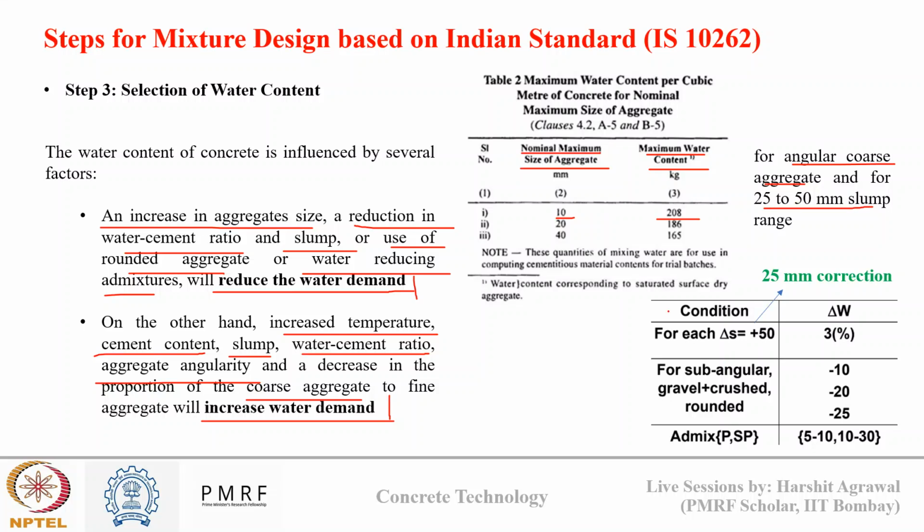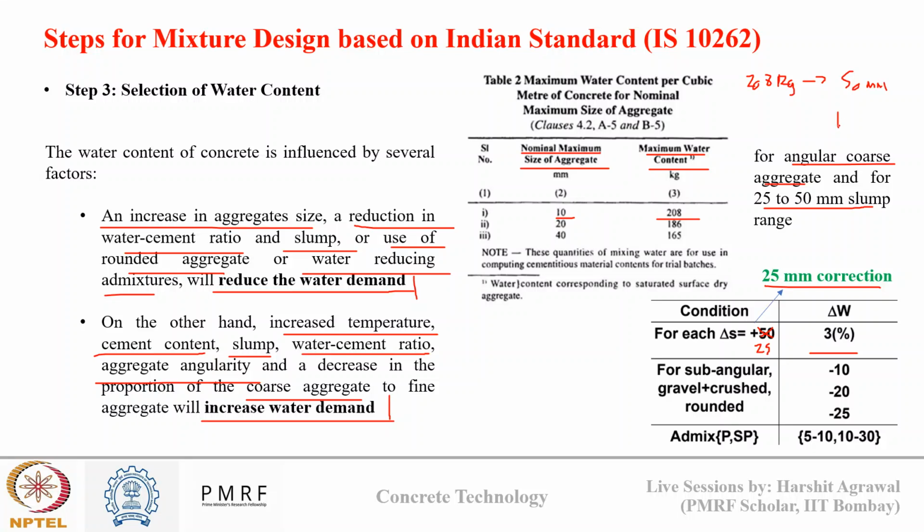Now there is another clause, which is IS clause 9.2, which gives details about how to do correction if we are increasing slump. So for each 25 mm increase in slump, I need to increase the water content by 3%. Suppose I'm using 208 kg water, and this is for 50 mm slump.